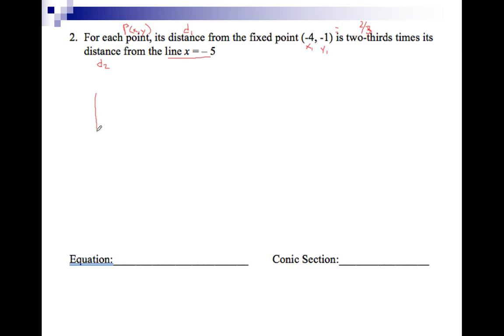Draw yourself a little sketch. Plot the point (-4, -1). Draw the line x equals -5.